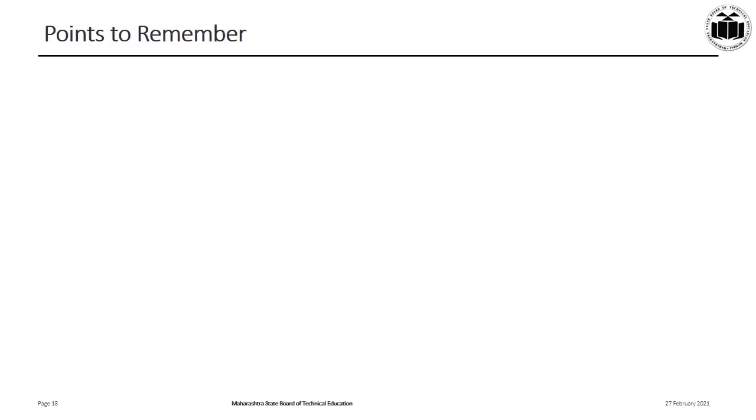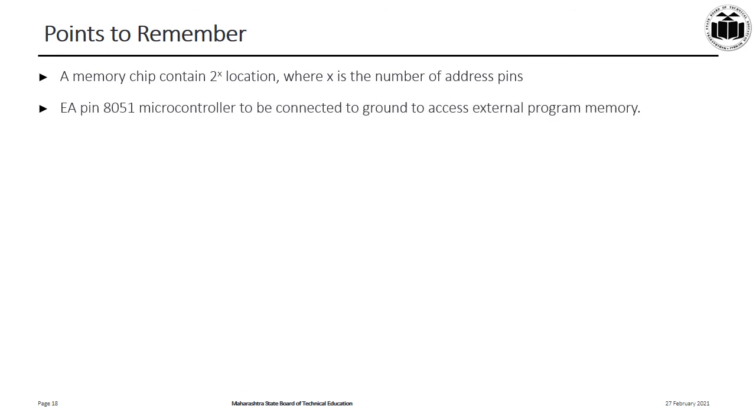Points to remember from our discussion. A memory chip contains 2 raised to x locations, where x is the number of address pins. EA pin of the microcontroller is connected to ground to access external program memory. The data bus of 8051 is directly connected to data pins of the memory chip.